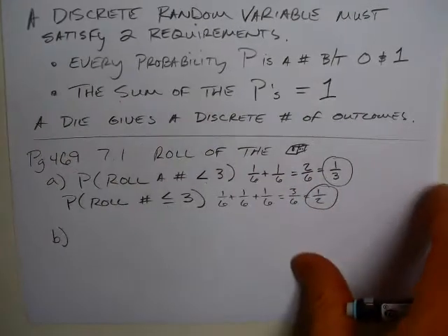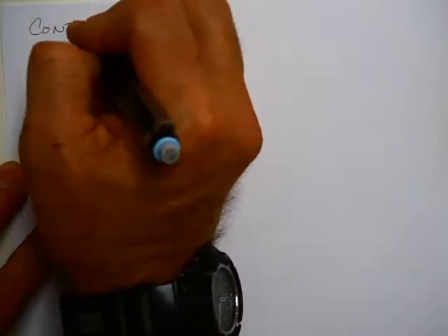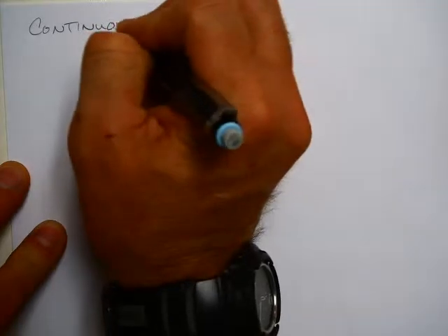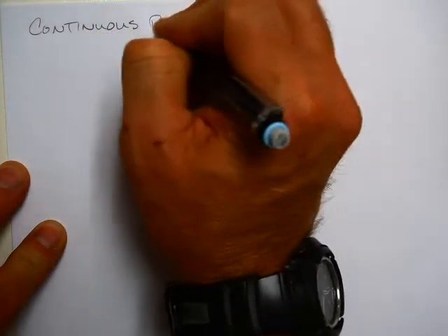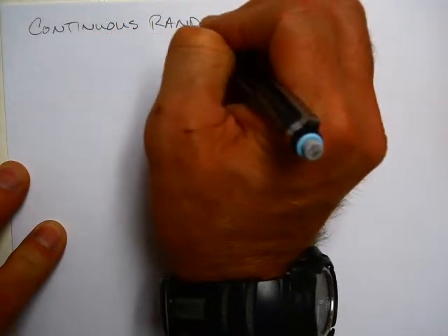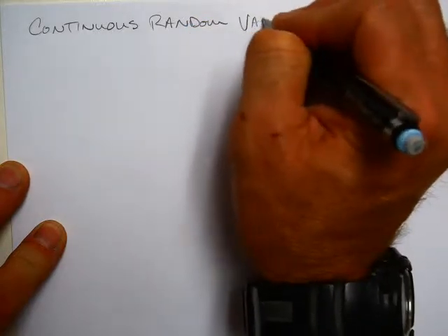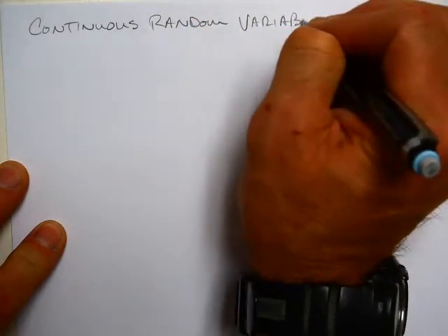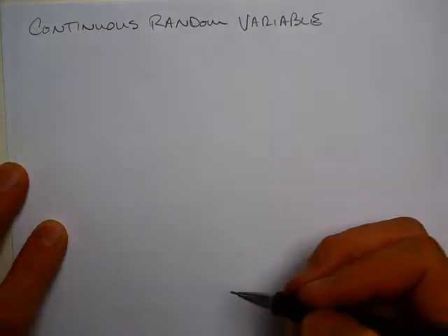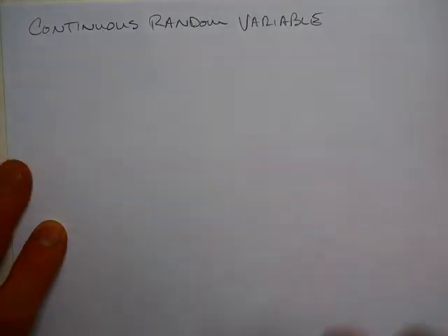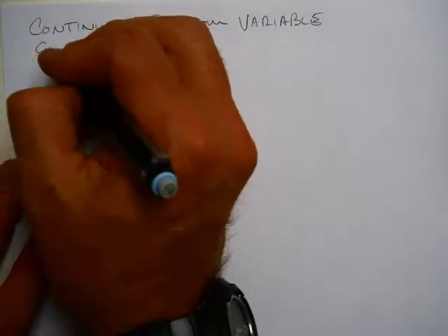The next idea is a continuous random variable. A continuous random variable considers all probabilities in an interval.